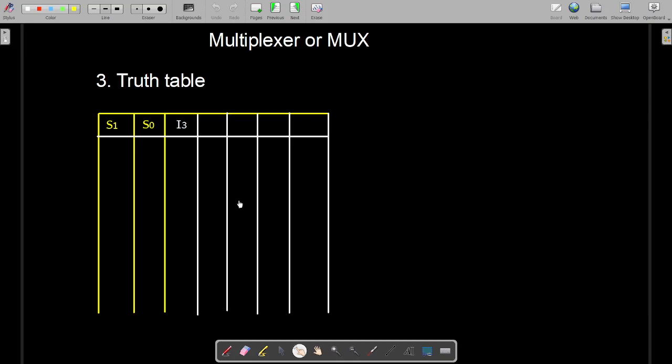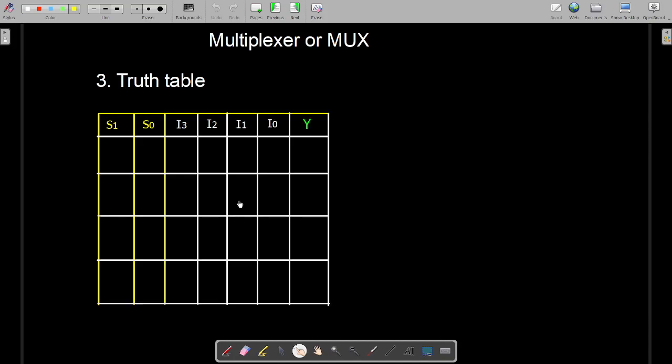Then for the input lines, they are I3, I2, I1, I0 and the output as Y. Then we place the selection input combinations as 0, 0, 0, 1, 1, 0, 1, 1.